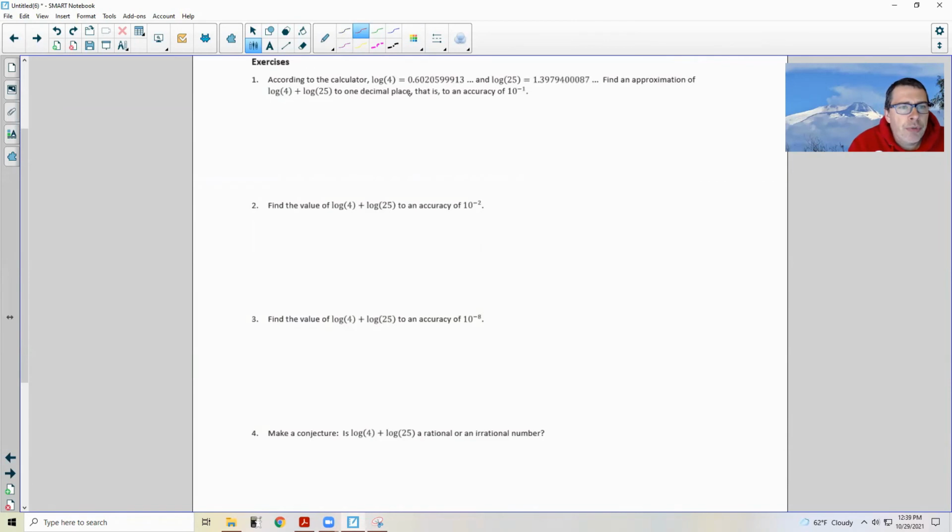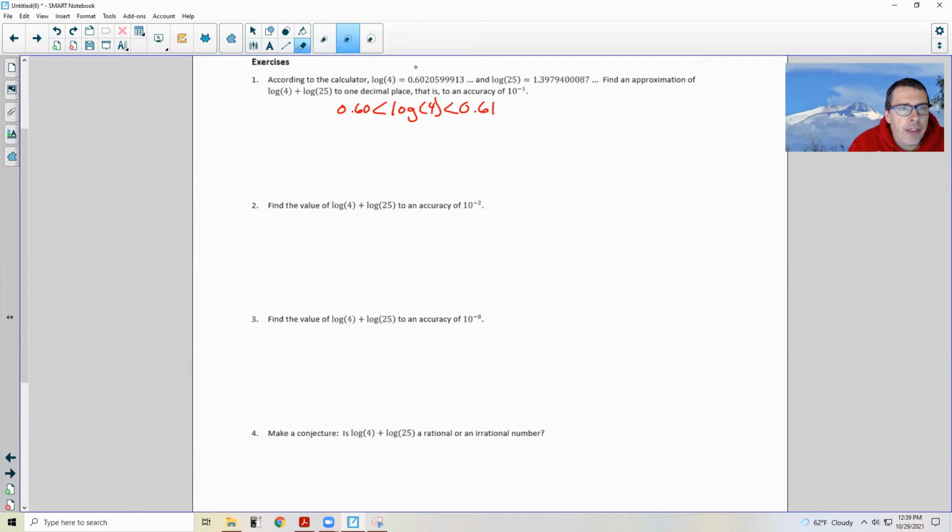Okay, so what we're going to do is we're going to say the log of 4 is less than, and we're going to round down here. So it's 0.60. It's less than the log of 4. And if I round up, then the log of 4 is less than 0.61.